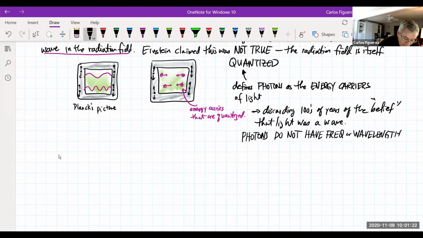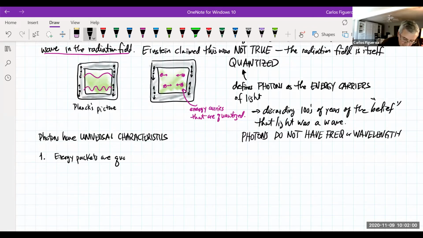So then Einstein says that photons have universal characteristics. The first thing he says here is that the energy packets are quantized.